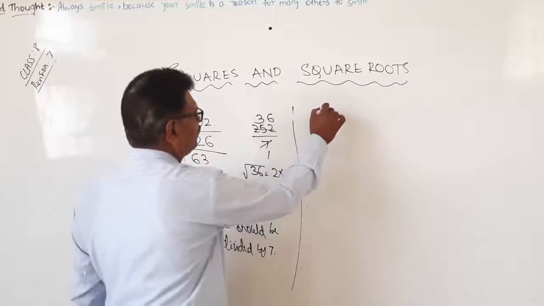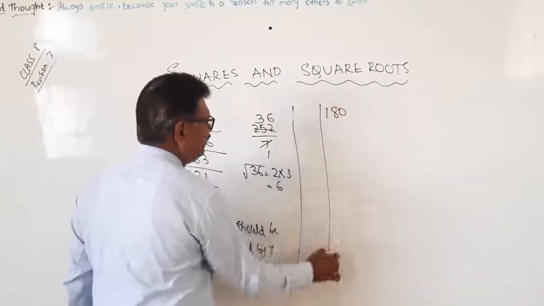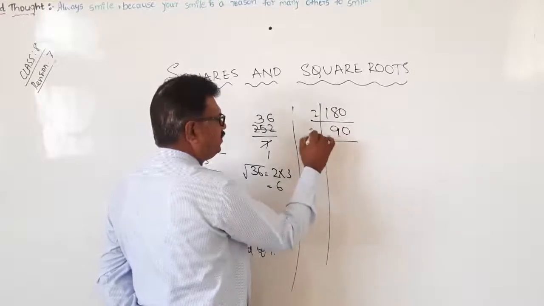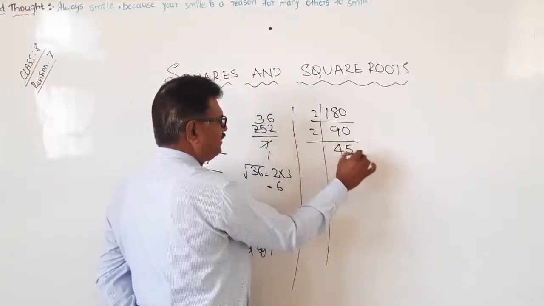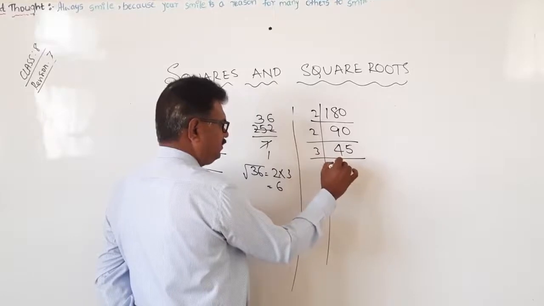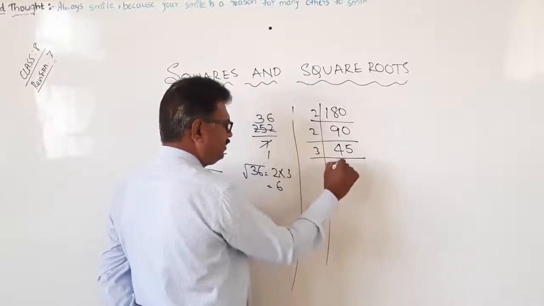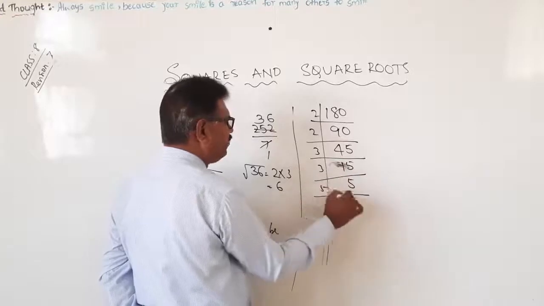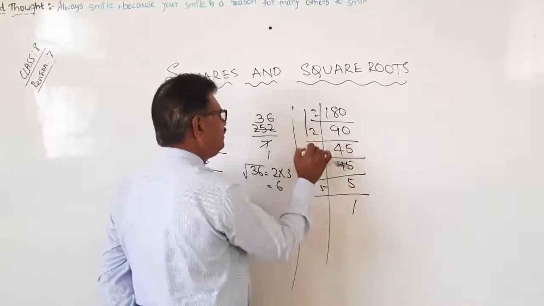Next number, 180. We see now 180. 2 into 9 is 18, 0. 2 into 4, 2 into 5. 3. 3 into 1, 3 into 15, 3 into 5, 5 into 1.